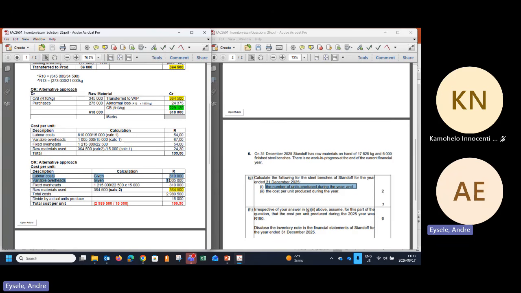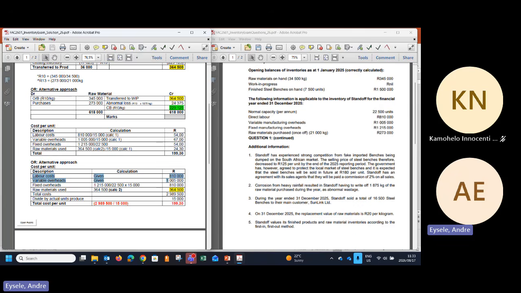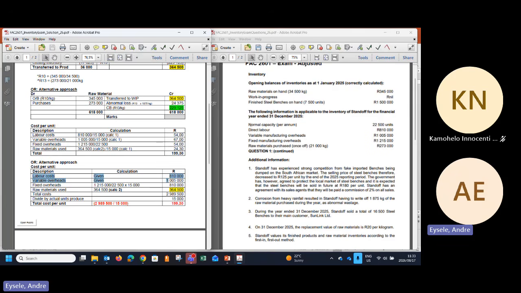They gave us in the information, direct labor consists of 810,000 Rand for the 15,000 benches. Okay, they also gave us variable overheads as 1,005,000 Rand. There is your variable overheads.